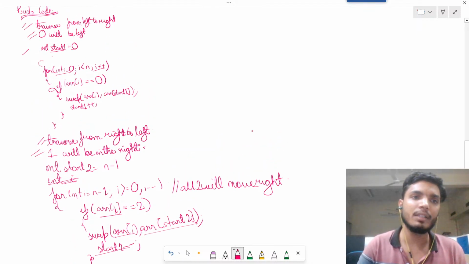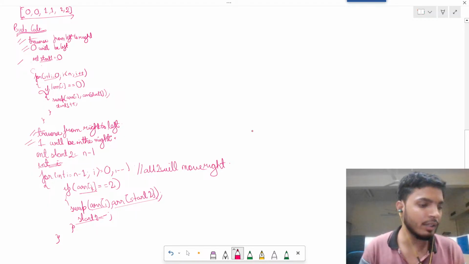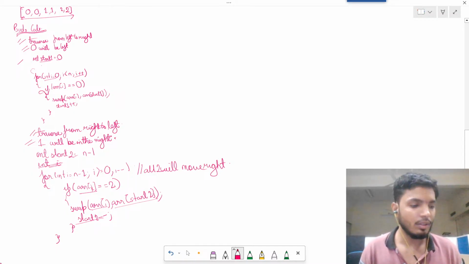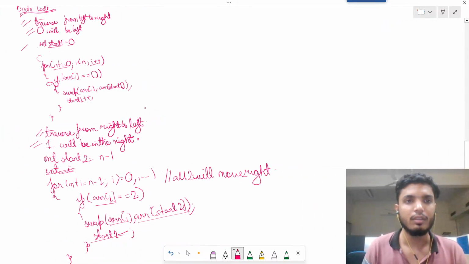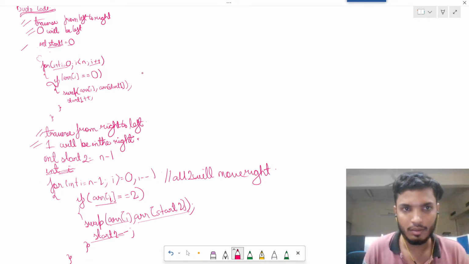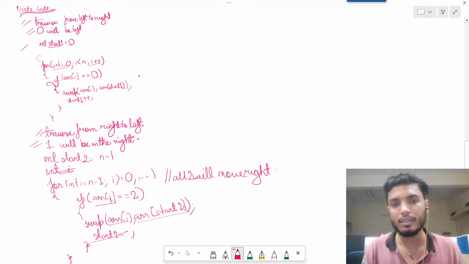So what is happening is this whole pseudocode. Are you guys who are watching it live able to understand this pseudocode? If you are able to understand, you can write yes in the chat. So first I will be traversing, moving all the zeros to the left position.